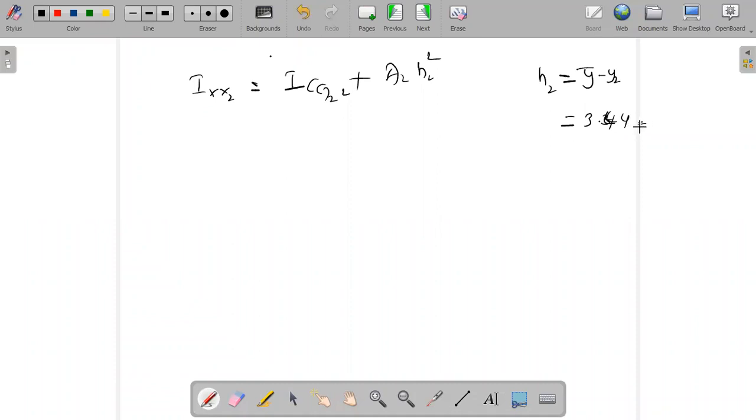Y bar value here is 1.5 plus 2, that is 3.5. What is the value of this? H will be around 0.06. So substitute here, then ICG2 is equal to BH cube by 12.